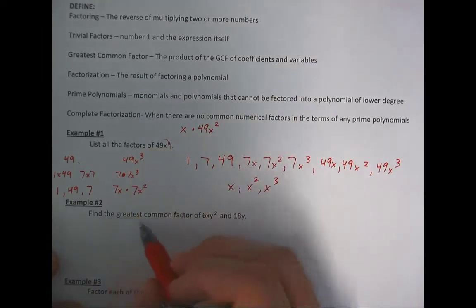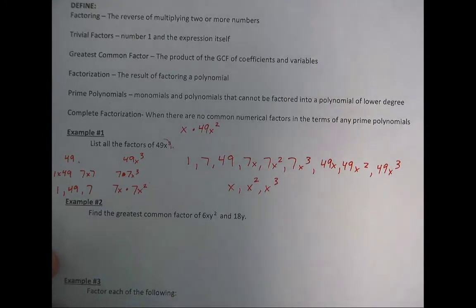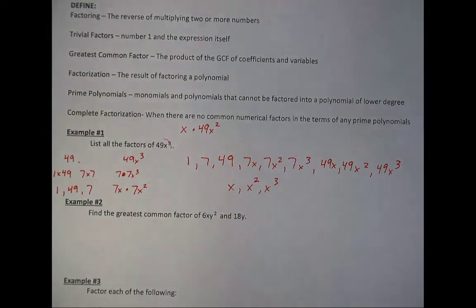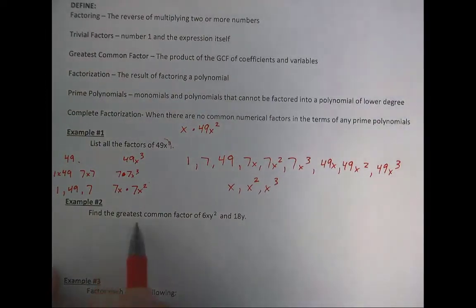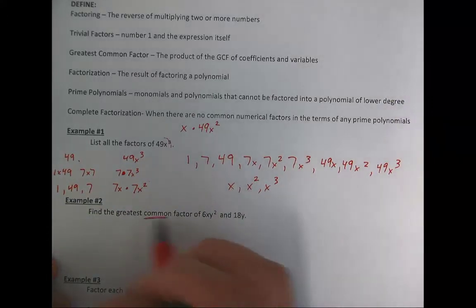Now we're going to find the greatest common factor of 6xy squared and 18y. So when it says find the greatest common factor, we're going to factor both of these out like we just did, and then we're going to look, and we're kind of prepping for what's coming next. We're going to look and see which ones they have in common.